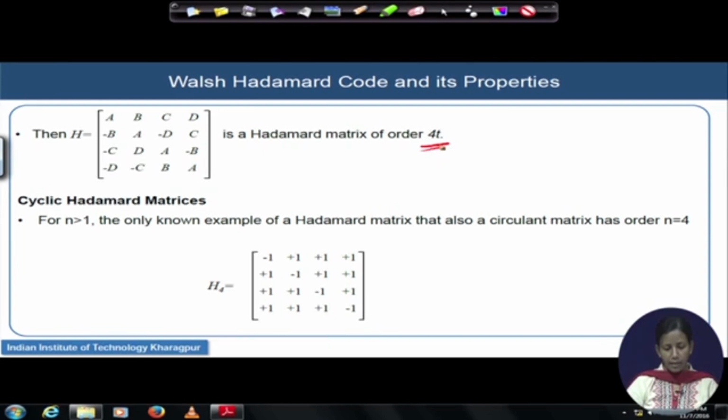Now we will enter into the cyclic Hadamard matrix. For n greater than 1, the only known example of a circularly symmetric Hadamard matrix is of order 4, denoted as H4.